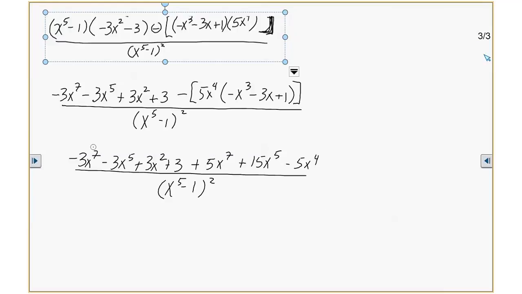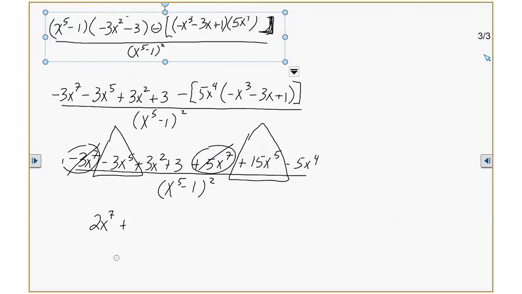Now, what is negative 3x to the 7th plus 5x to the 7th? Negative 3x to the 5th plus 15x to the 5th be 12x to the 5th. I don't see anything else, y'all.